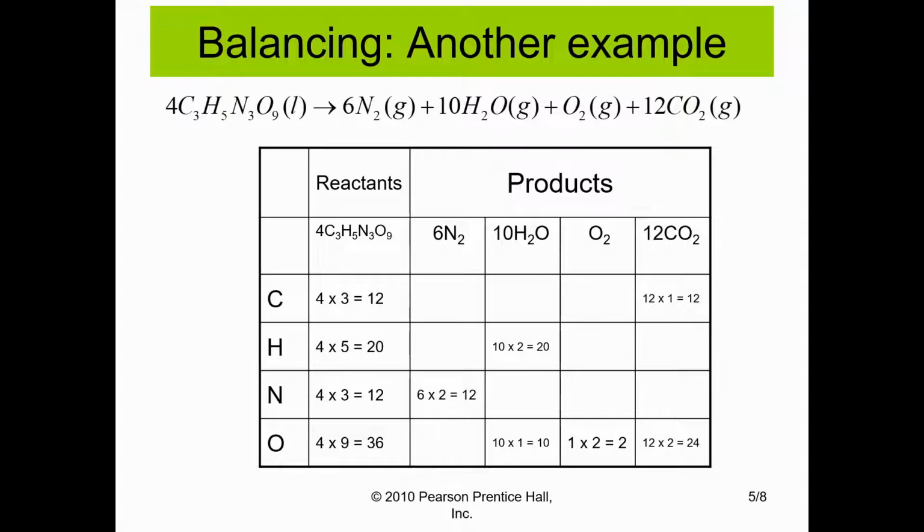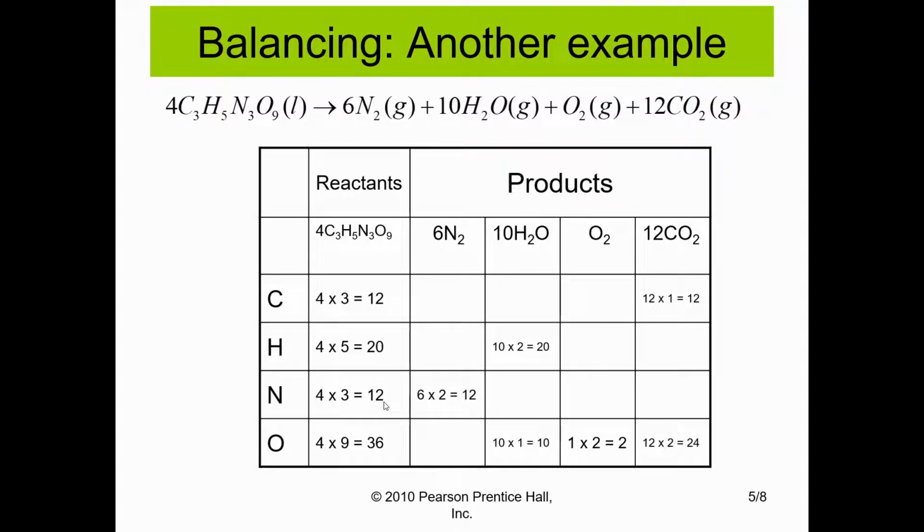Next, we want to count each of the atoms on the side of the products and make sure that they are balanced overall. We can see in the carbon dioxide we have 12 carbons, so carbons are balanced. Hydrogens are coming from our water molecule. 10 times 2 is 20, so hydrogens are balanced. Nitrogen comes from the nitrogen gas, which is a total of 12 nitrogens on the product side, matching the 12 nitrogens on the reactant side.